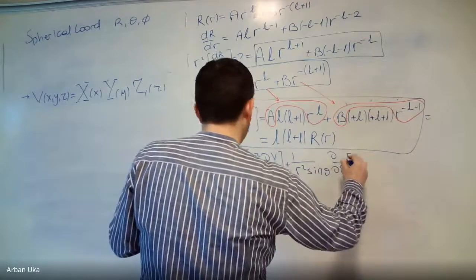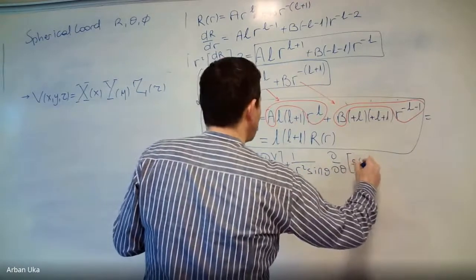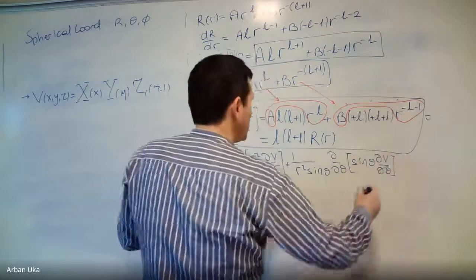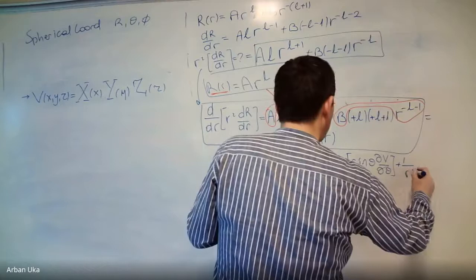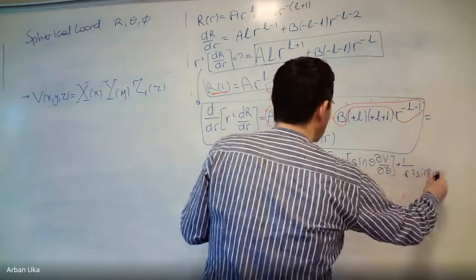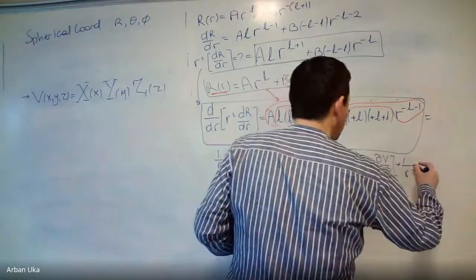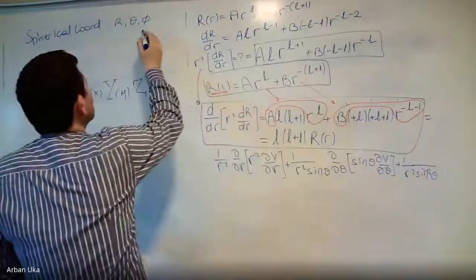d over d theta, sine theta dV over d theta, plus 1 over r squared sine squared theta, the second derivative of V with respect to the third component.